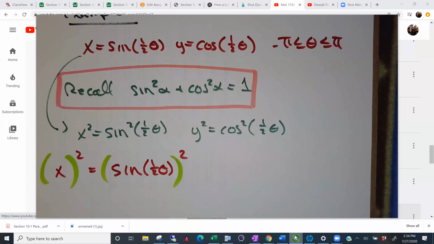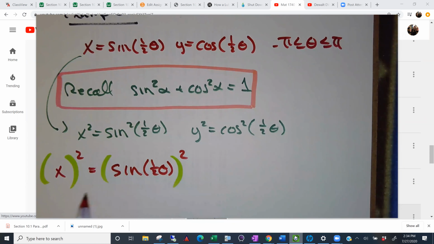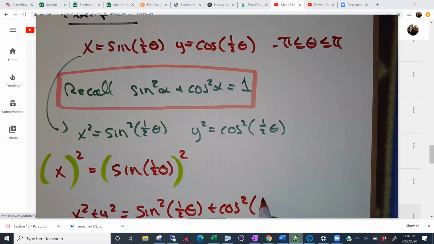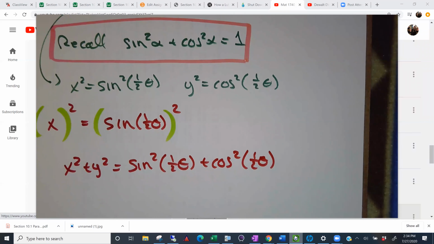But why are you squaring it though? Ah, great question. Why am I squaring it? Well, my eventual goal is to use this so that if I add these two equations together, if I take x squared plus y squared, adding their left-hand sides, that would equal sine squared plus cosine squared on the right-hand side. So maybe you can answer your own question now.